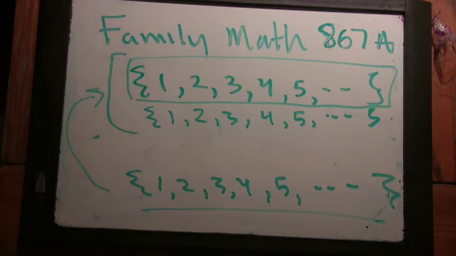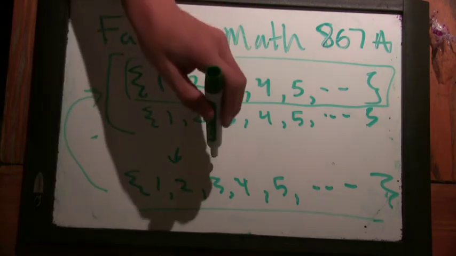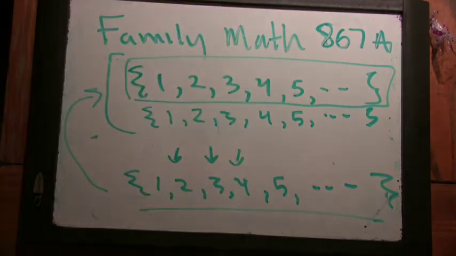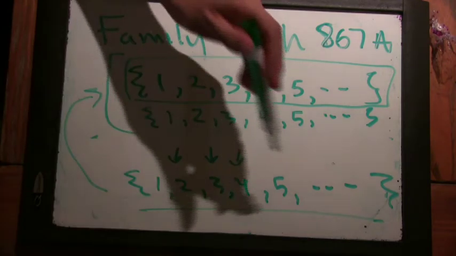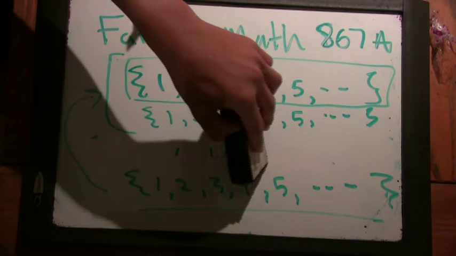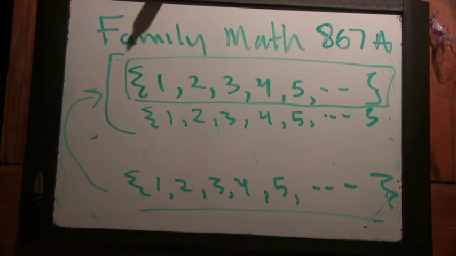Could we build on that idea? We could subtract 1 away from this, 1 away from this, and 2 away from that. But then we have to subtract different amounts for each set. I'm not sure if that's a bijection, if you have to subtract a distinct amount away from each number. Well, it's still a rule.